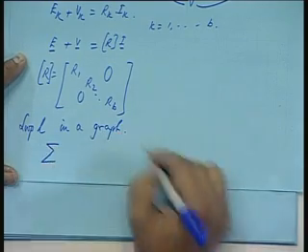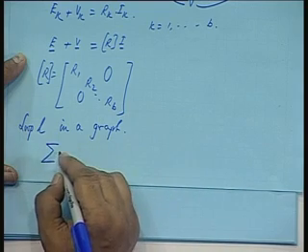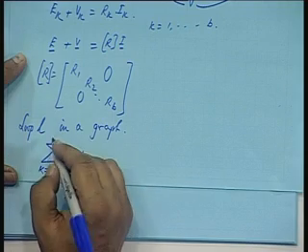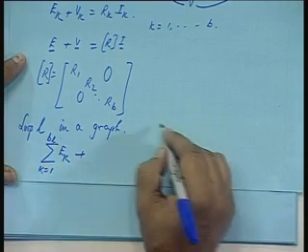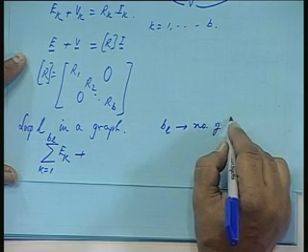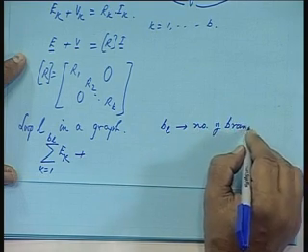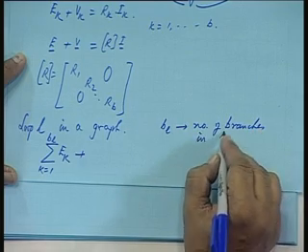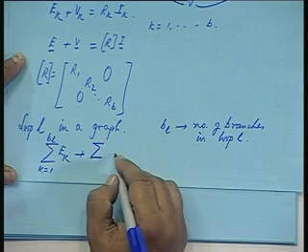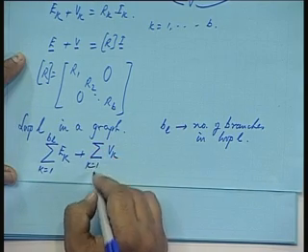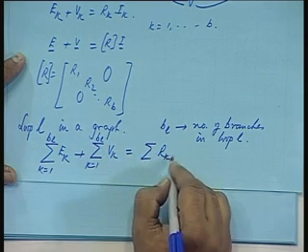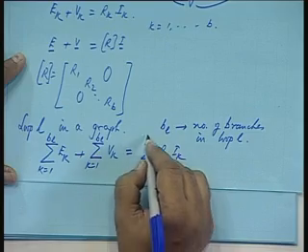If we consider a loop, then all the branch voltages in that loop, k equal to 1 to BL, BL is the number of branches in that loop L. In loop L, sigma Vk, k varying from 1 to BL will be equal to Rk Ik, again k 1 to BL.